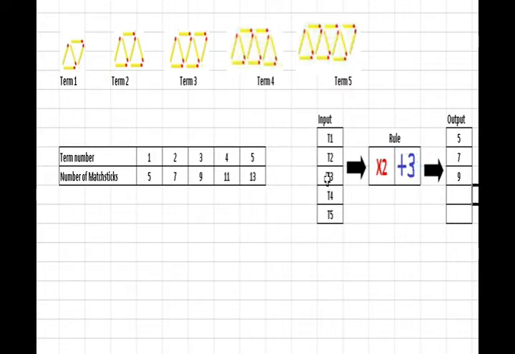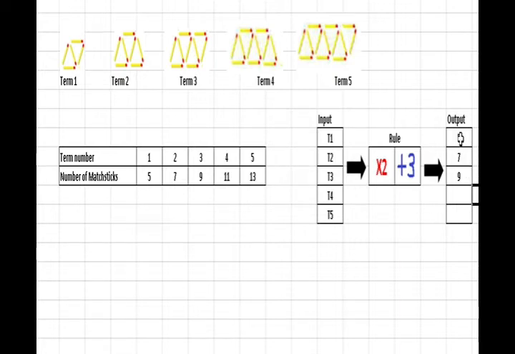So my rule now is not just a single sum, it requires 2 operations. I first have to take my term number and multiply it by 2, because we're consistently adding 2 more each time we move from term to term. And then I needed to add 3 more so that I could get my required output.